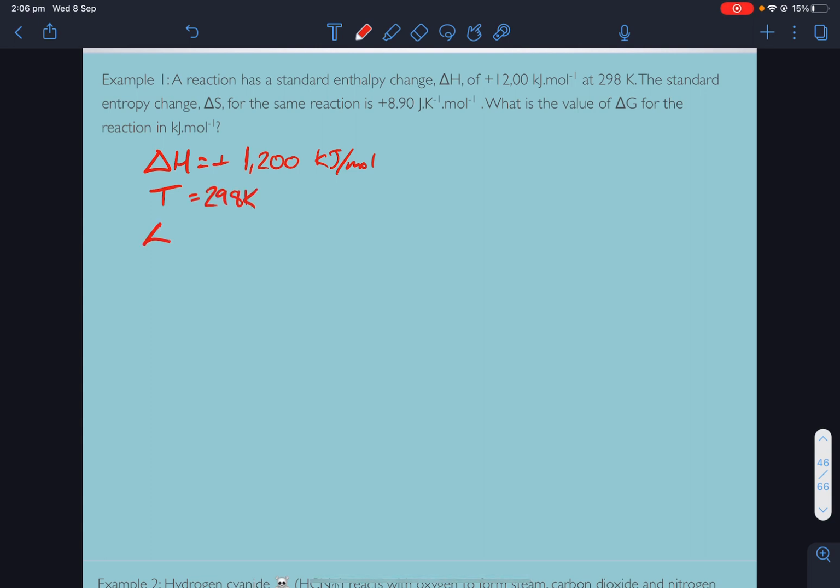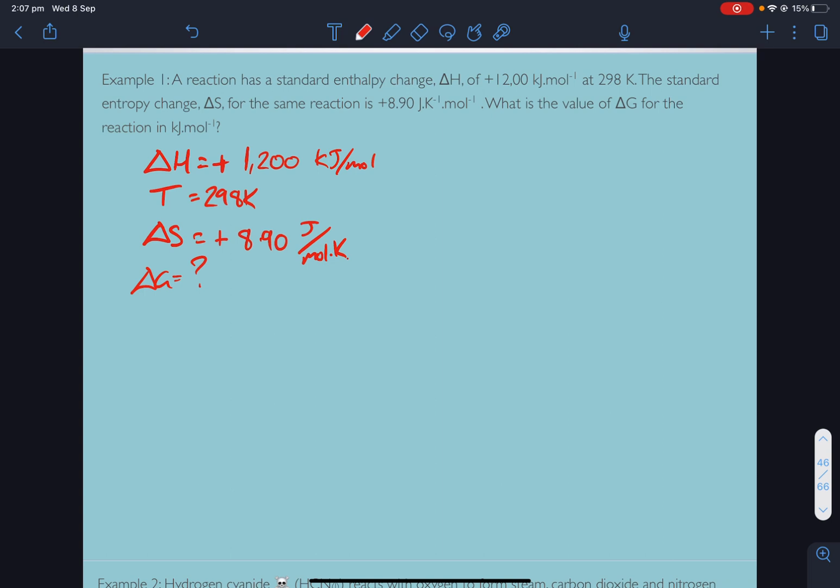The delta S, or the entropy for the same reaction, equals positive 8.90 joules per mole per Kelvin. What is the value for Gibbs free energy? Delta G equals question mark, in kilojoules per mole.